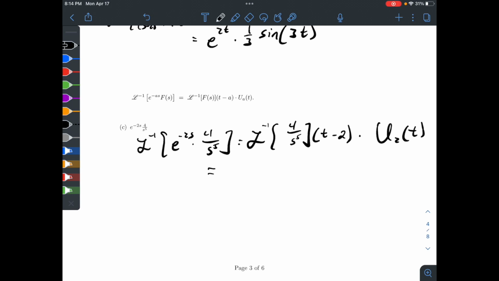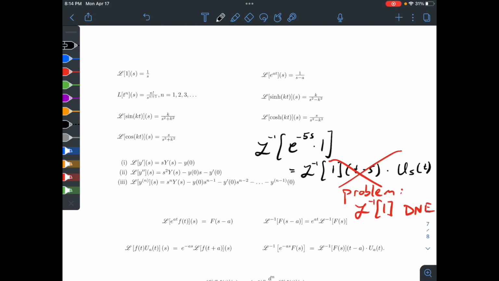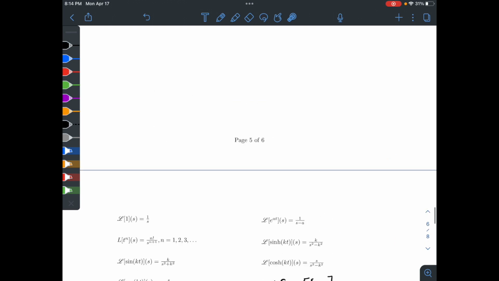Okay, L inverse of 4 over s to the 5th. This is almost going to be like t to the 4th. In the table, the Laplace of t to the 4th is 4 factorial over s to the 5th.